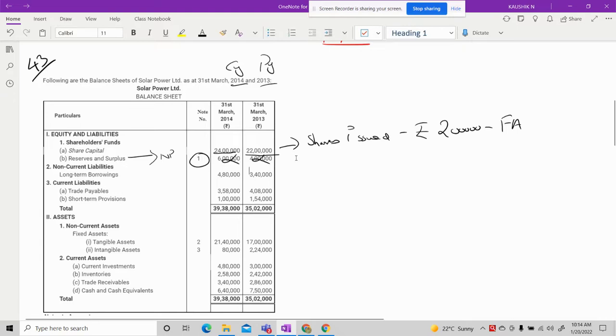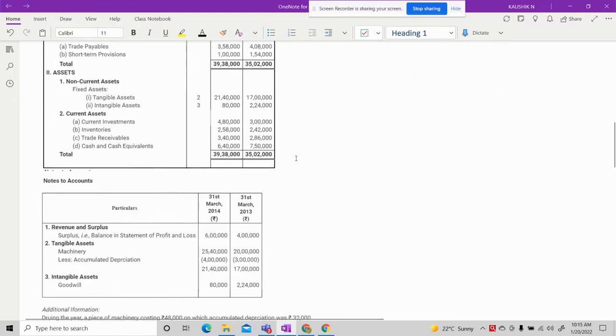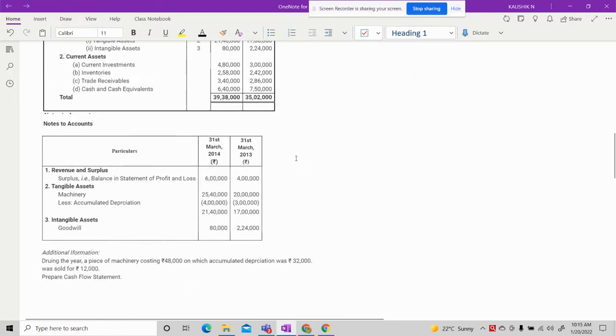Instead, you have to go down to your notes to accounts and check what is given in reserves and surplus, the balance in the statement of profit and loss. The previous year value was 4 lakh rupees, whereas the current year value is rupees 6 lakhs. That means the profit has increased by rupees 2 lakh. So current year net profit is rupees 2 lakhs.